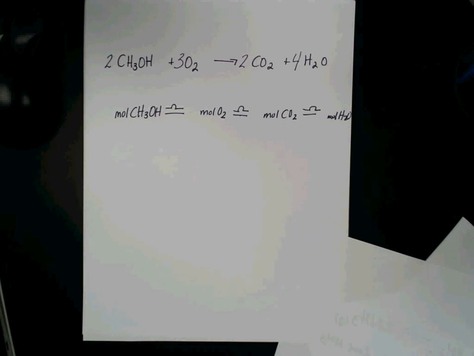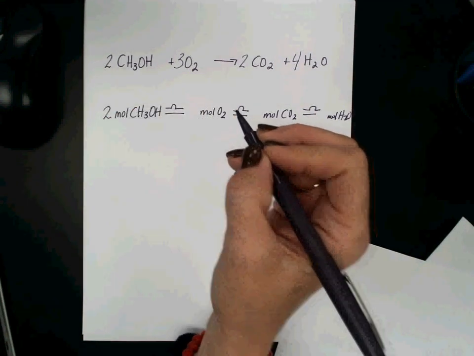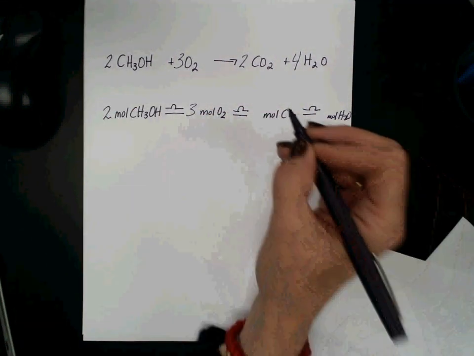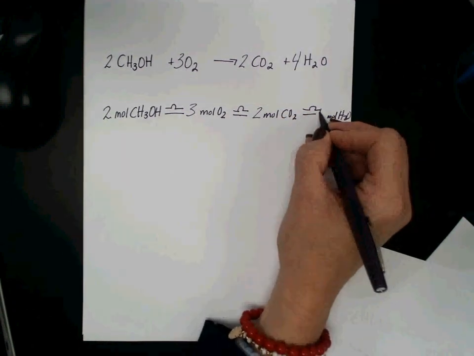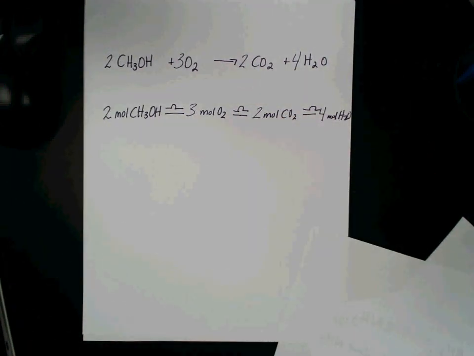And we've got oxygen in two places on that side, and on the other side as well. Don't feel bad if you didn't get it right away. Sometimes it just takes a while, and then you get it. You just have to plod your way through it. So I've got 2 moles here, 3 moles here, 2 moles here, 4 moles here.